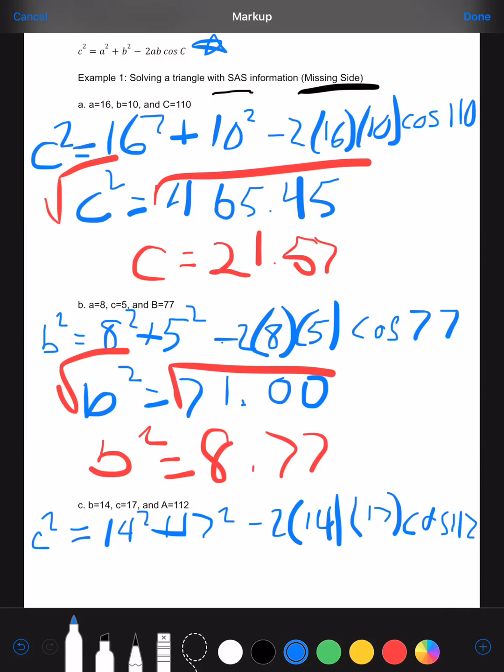Then we're going to plug that in our calculator: 14 squared plus 17 squared minus 2 times 14 times 17 times cosine 112.